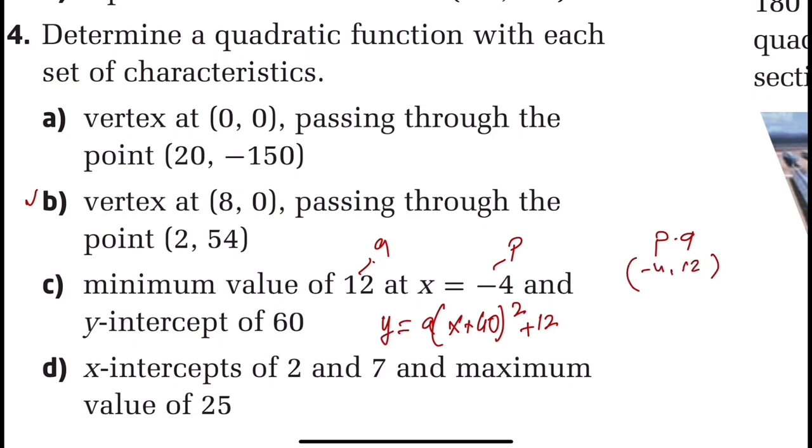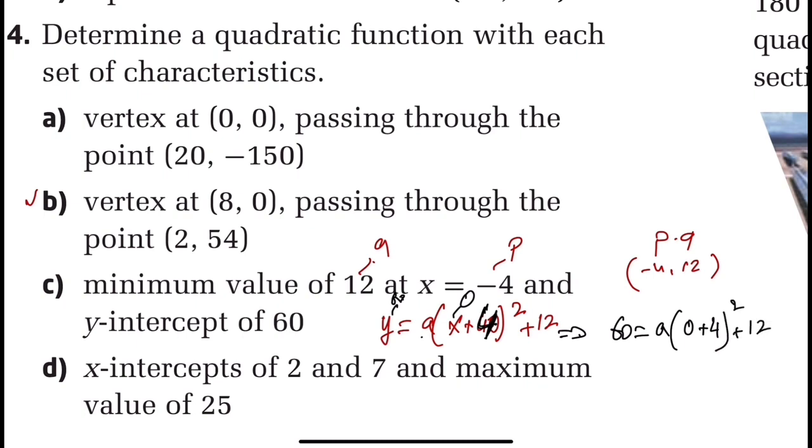And you have the y-intercept, which is 60, so you can replace x by 0 and y by 60, because they are giving us the y-intercept is 60, to find a. And from there you will get 60 equals a times (0 plus 4) squared plus 12.